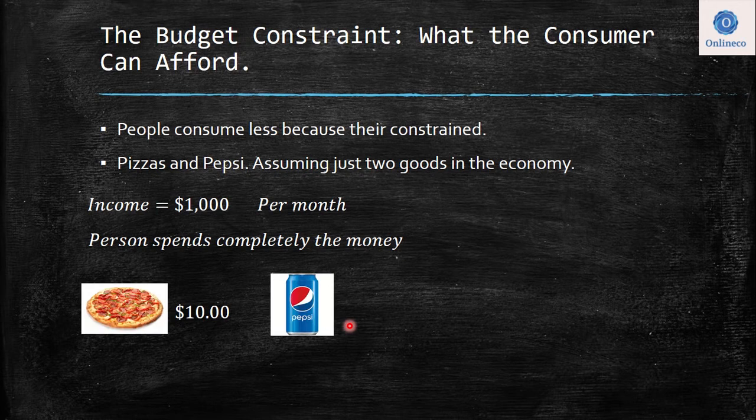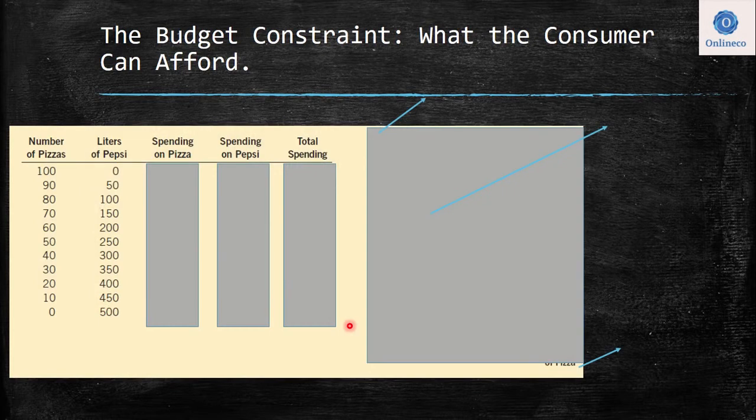Here we have the prices: $10 for the pizza and $2 for the Pepsi. Then we can build this table. First we have the number of pizzas and here the liters of Pepsi. We are assuming that each Pepsi has 1 liter.